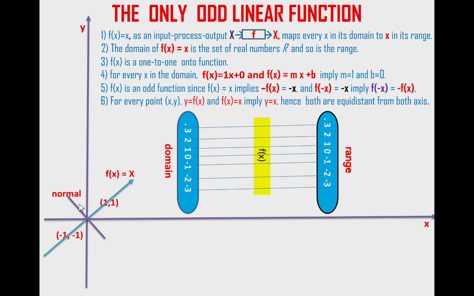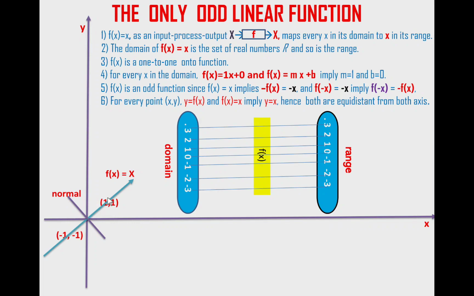F of x equal to x cannot be symmetric around the x-axis, cannot be symmetric around the y-axis, simply because if it is symmetric around the y-axis, it must be perpendicular to the y-axis, but it's not. And if it is symmetric around the x-axis, it must be perpendicular, but it's not.